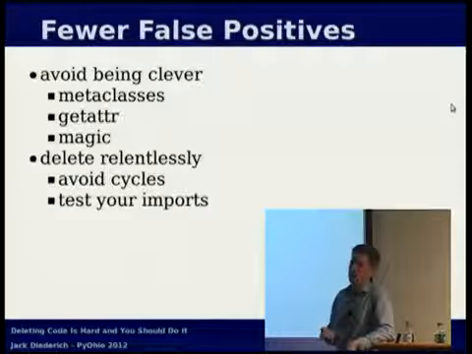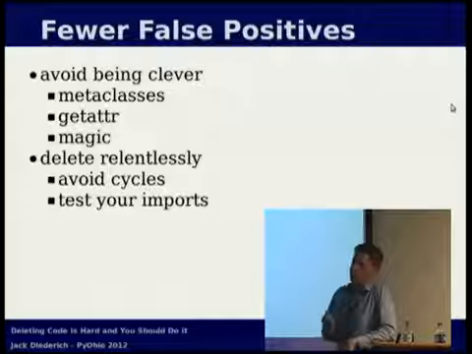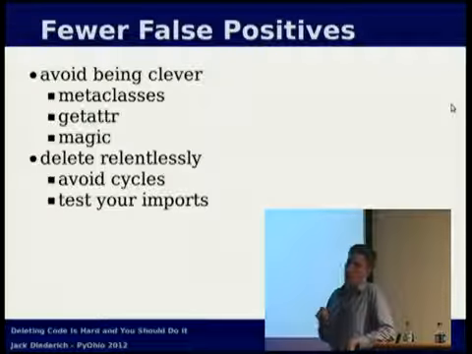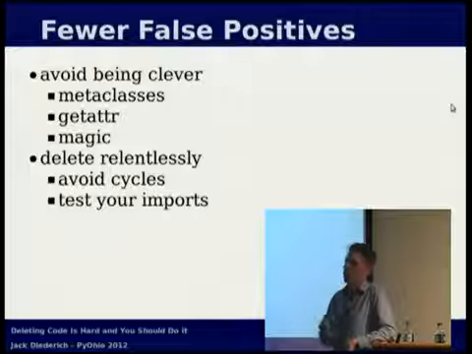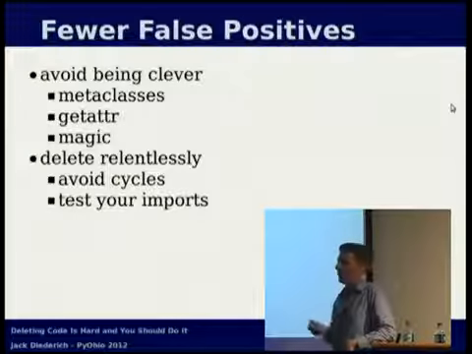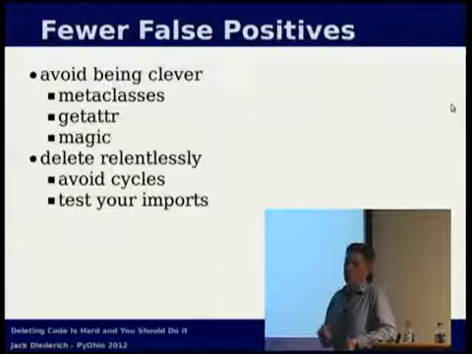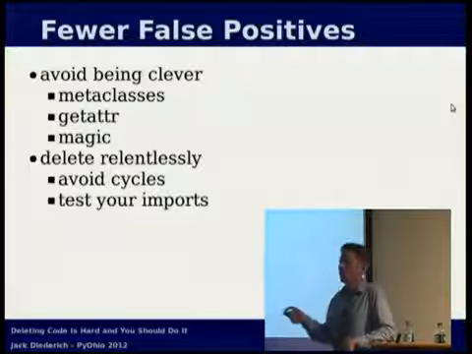Test your imports. Frequently you'll find those cycles will turn up as circular imports. You'd be surprised in a large product how many circular imports you have that you don't know about. Because of the particular way the web server happens to be called, the front page is loaded more often than anything else.